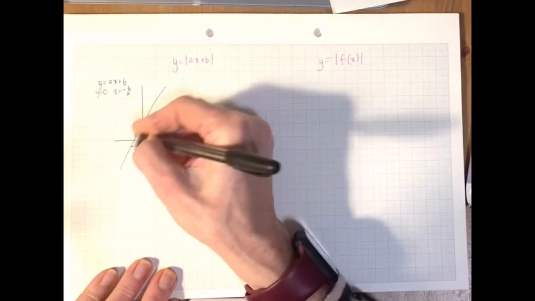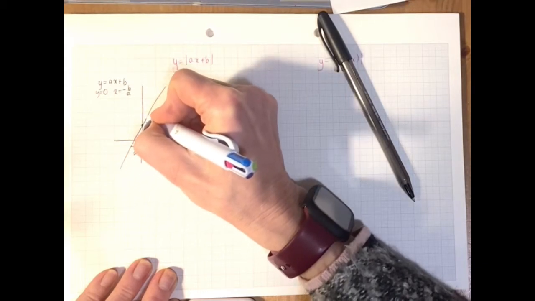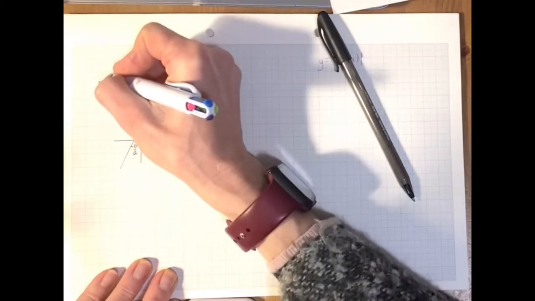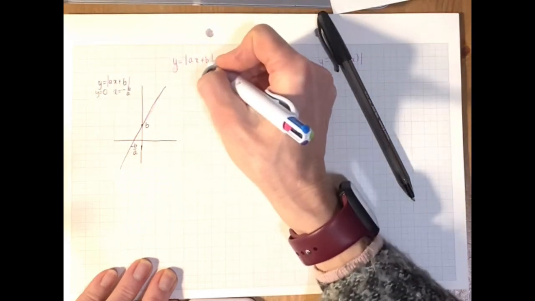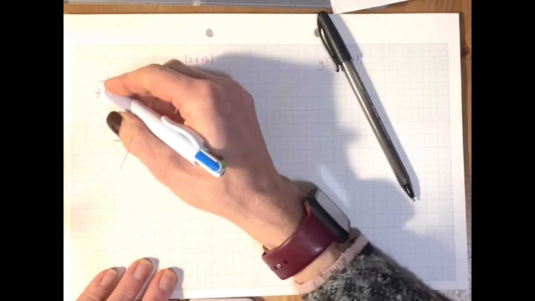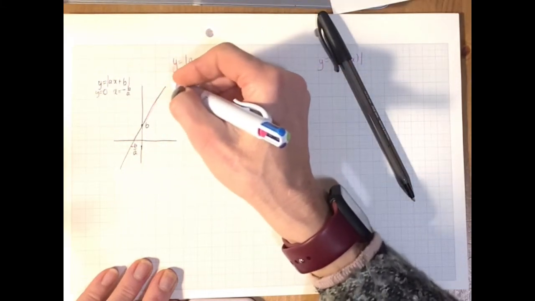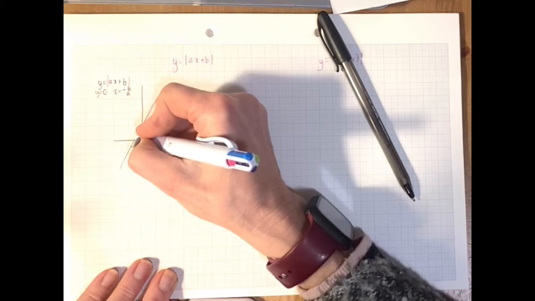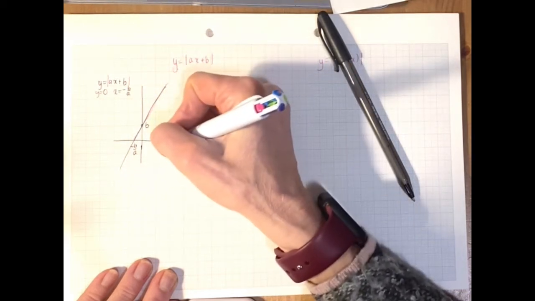So now we need to understand that when you take the modulus of this function, of ax plus b, that means my y values have to be always positive. So what does it mean? It means that you'll definitely keep that part of the straight line because it's always positive.